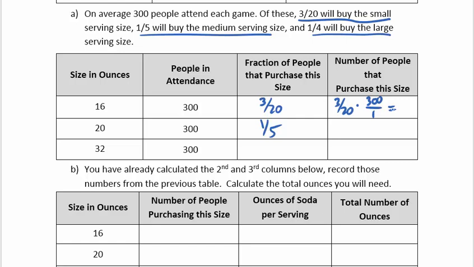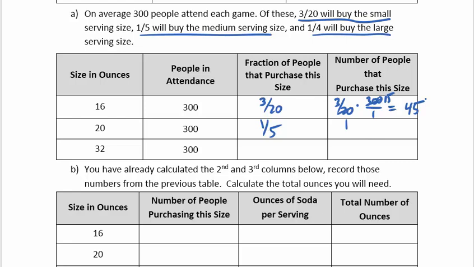I do have a common factor here that will divide out. 20 will divide out nicely there. So 20 goes into itself once. 20 goes into 300 15 times. So 3 times 15, that's going to tell me that 45 people are going to buy that size.